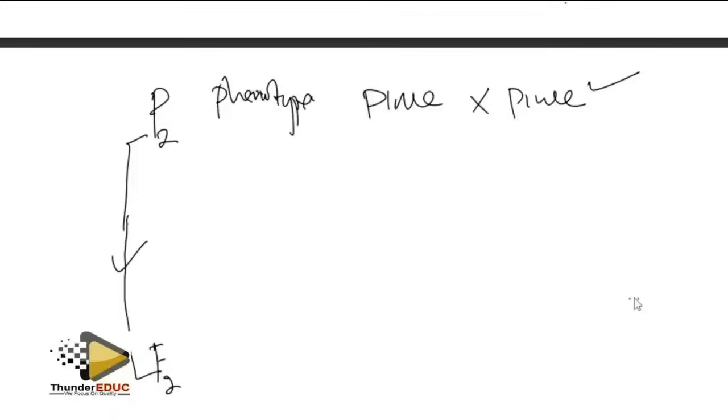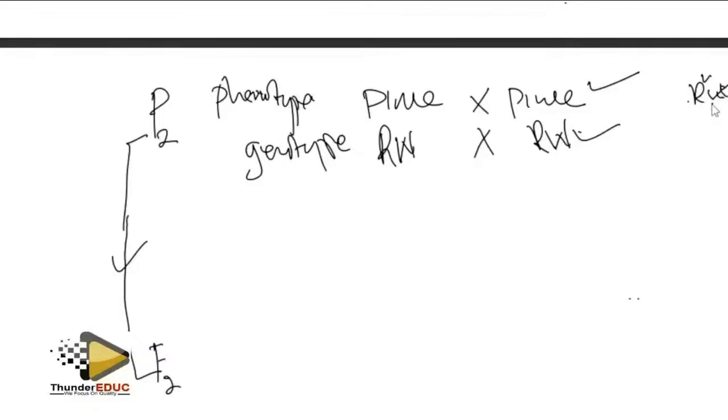Now they are saying that white is capital W and red is capital R. Therefore pink is going to be capital R, capital W, or capital W, capital R. It's the same thing. So it's going to be capital R, capital W, crossing with capital R, capital W. But this is the genotype. See, now you get another tick.